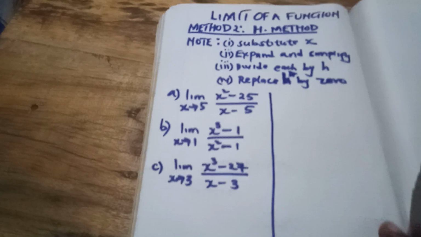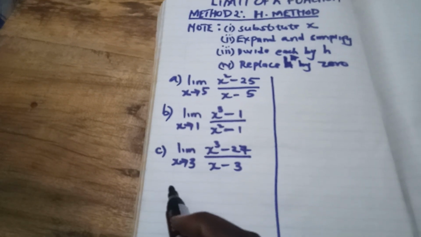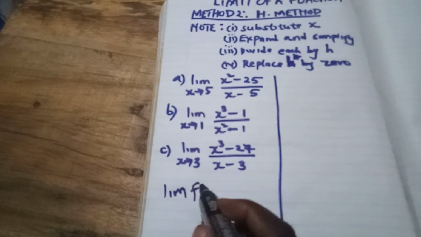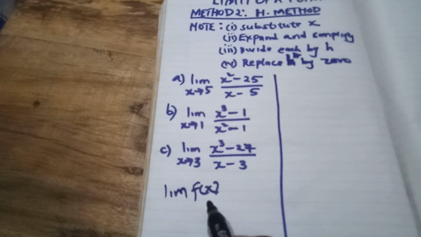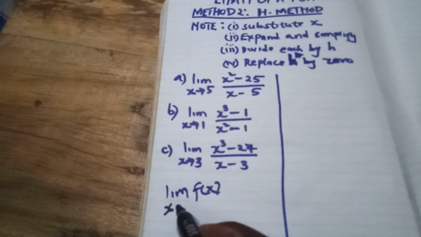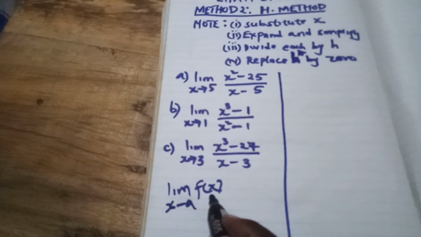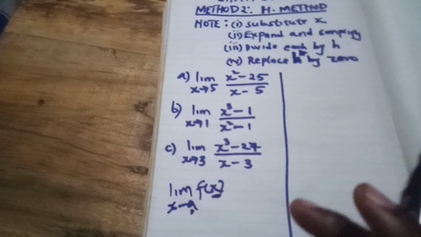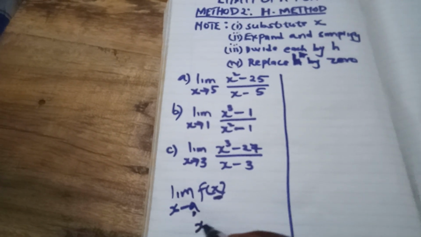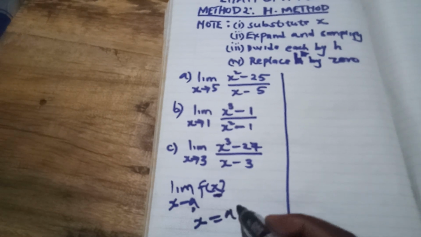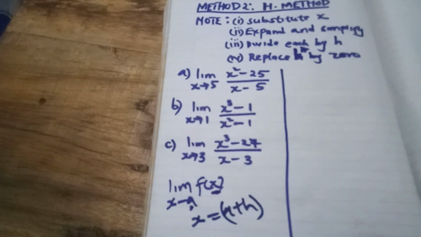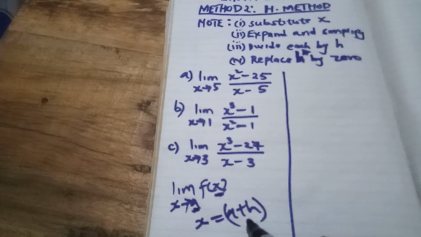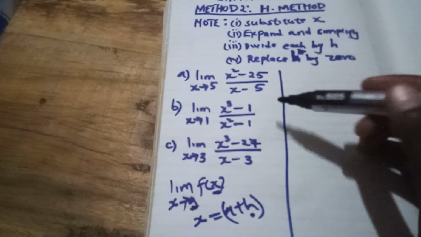For example, given the limit of f of x as x approaches a, I have to replace x by a, but this x should be added by h. So x should be represented by a plus h. Then you replace it in the function.